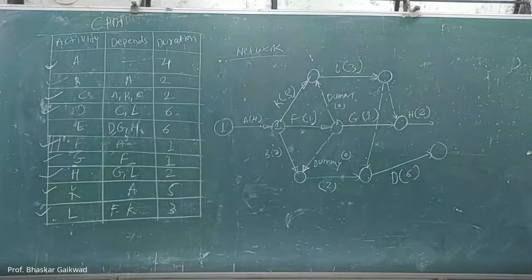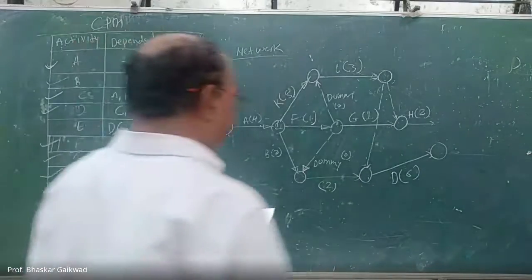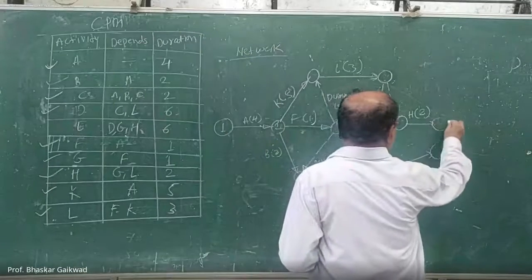Now E is remaining: D, G, H. So from D, G and H, E will start. But where is the H? H is given. So here is the H. Here is the activity H. Correct.